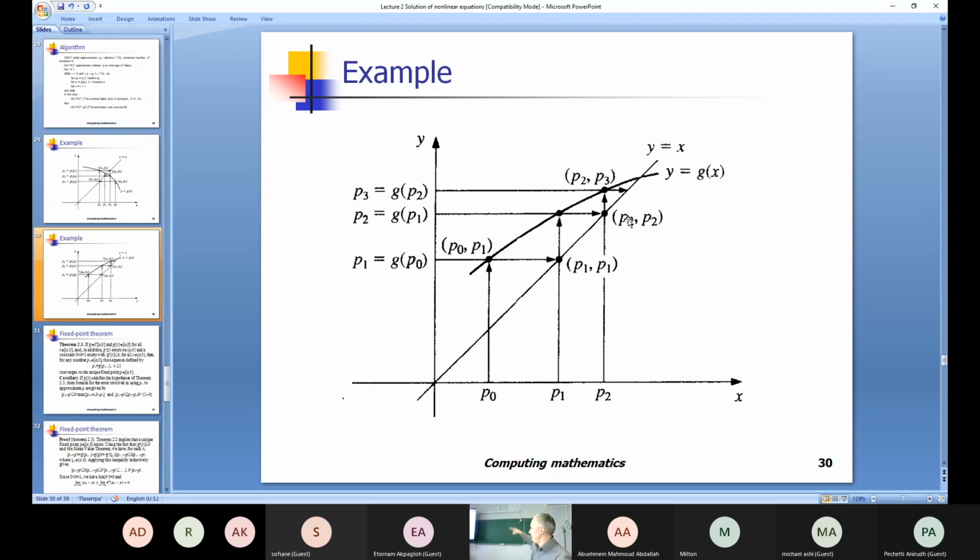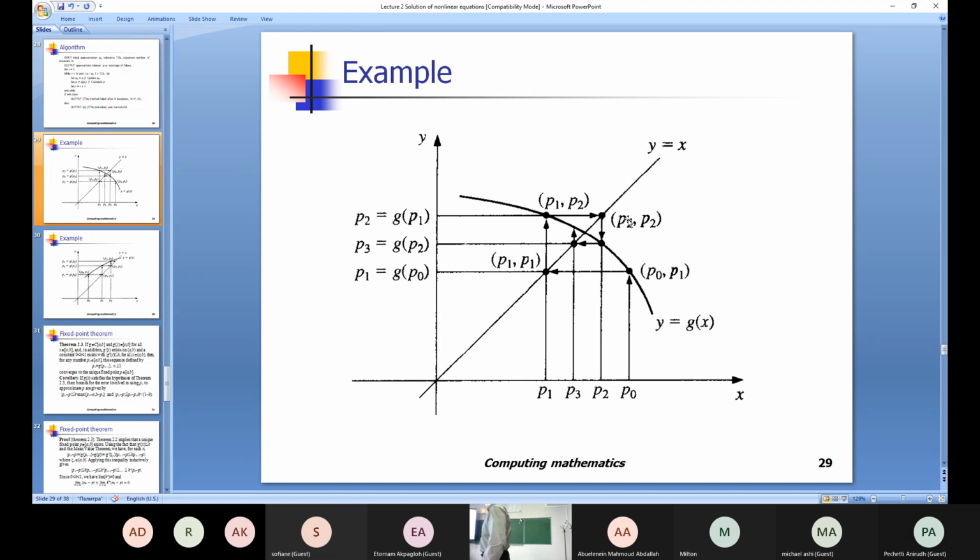So the process of root finding here looks like stairs. Upper, upper, upper, and this process converges to the fixed point. And here, like a spiral, we start from P0 and converge to this point.